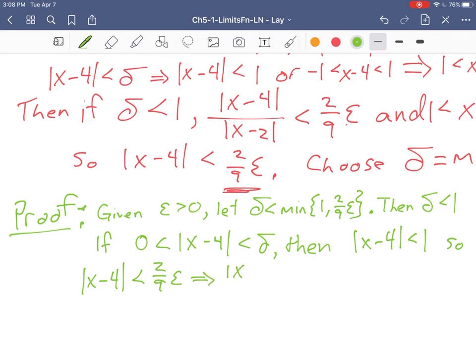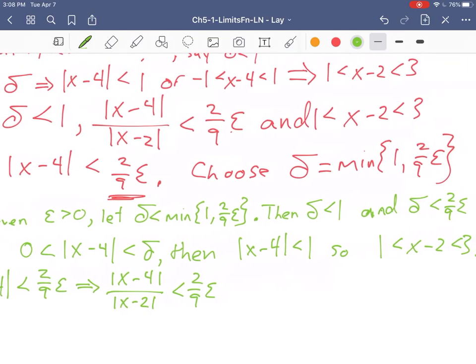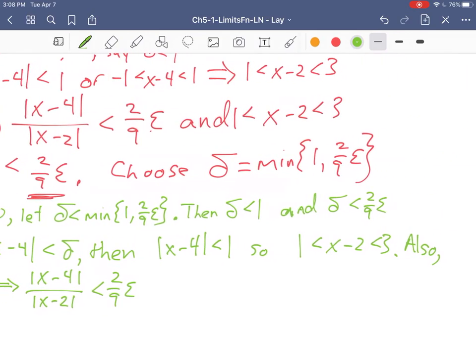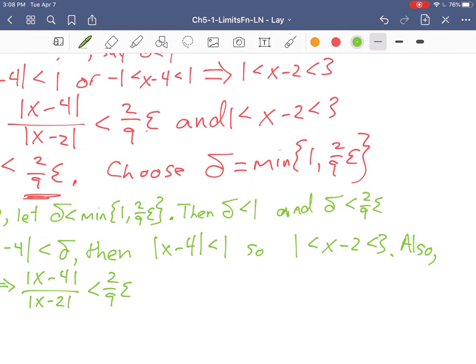which would imply that the absolute value of x minus 4 over the absolute value of x minus 2 is less than 2/9 epsilon. Right? So we can say that because this value of x minus 2 has to be between 1 and 3 based on our restriction here.